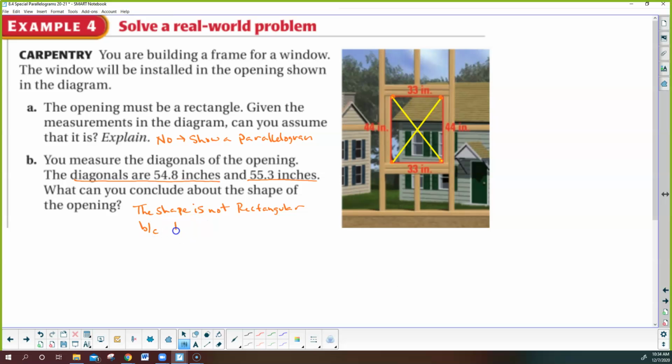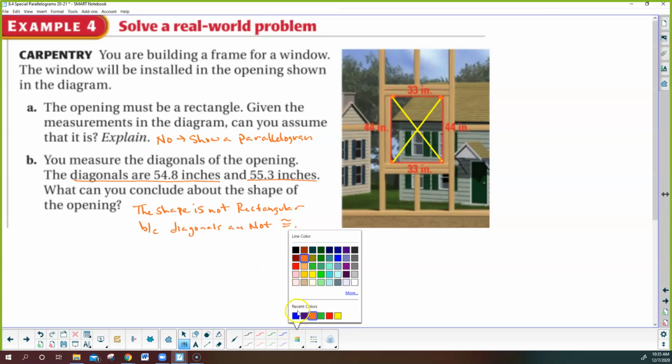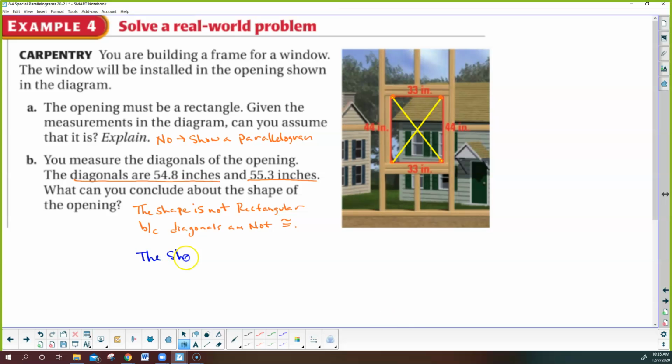And the reason why is diagonals are not congruent. Okay, but it says, what can we conclude about the shape? We know for sure the shape is a parallelogram. Right? Because its opposite sides are congruent.